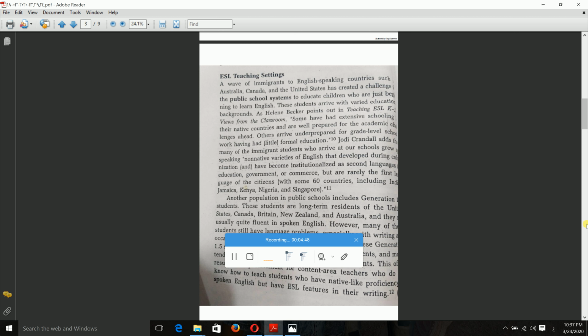Okay, let's continue. Public school systems educate children who are just beginning to learn English. These students arrive with varied educational backgrounds. As Helen Becker points out in Teaching ESL K-13: Views from the Classroom, some have had extensive schooling in their native countries and are well prepared for the academic challenges ahead.